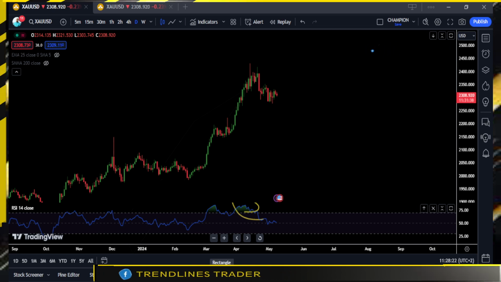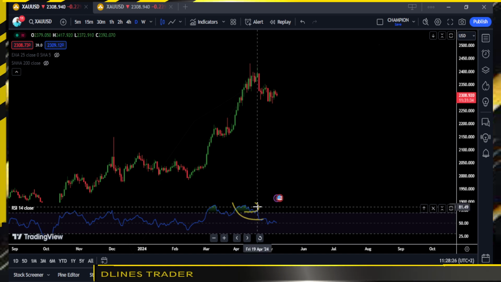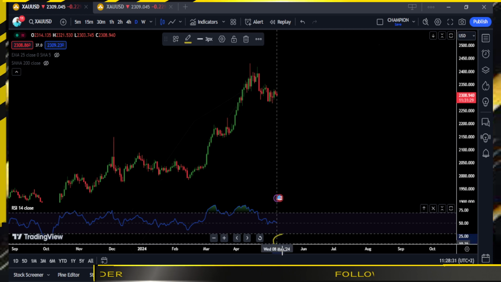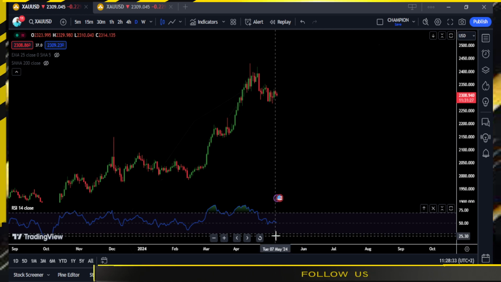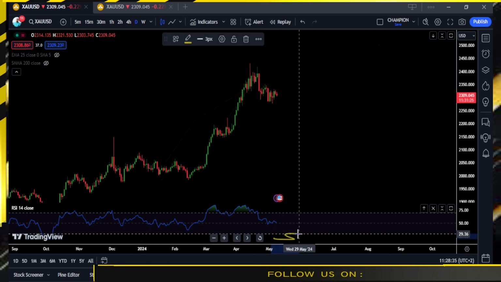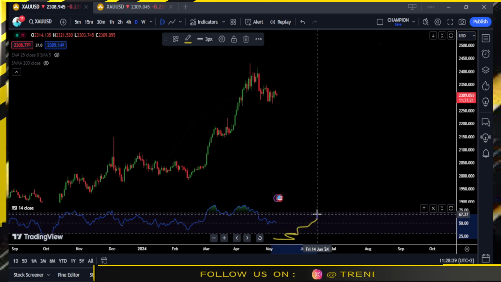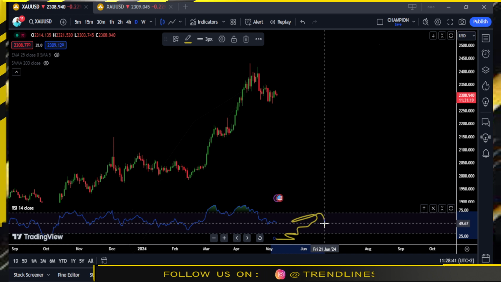So we will be awaiting the price reaching the lowest of our RSI, this area right here. If the price comes to reach it, that's when we will be looking for our buying positions.